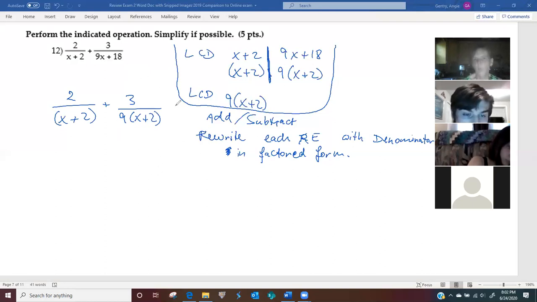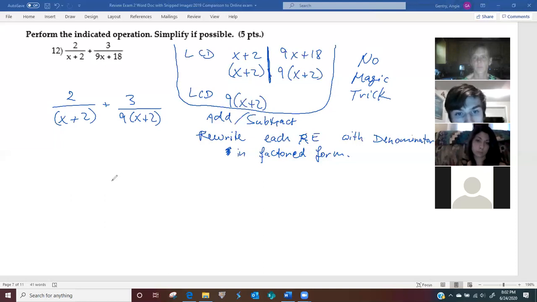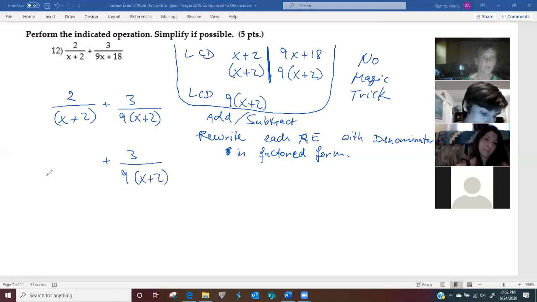Now, if this were an equation, I would use the magic trick and put a 9 and an x plus 2 in each numerator, but that doesn't help me here because I'm not allowed to use the magic trick if it's not an equation. So I need to create a common denominator for both. This is how I teach it in class.